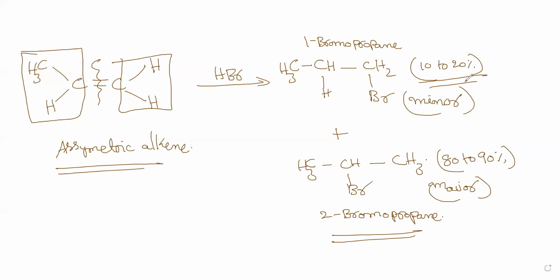For a symmetric alkene, you don't have any issue wherever the hydrogen and bromine add. So what is the fundamental thing which governs where the substitution will happen? It is governed by something called Markovnikov's rule. So I'll discuss that.